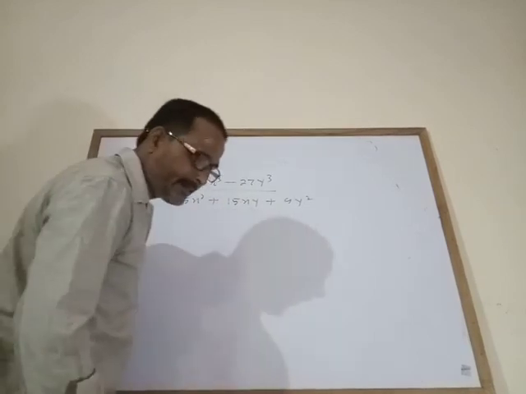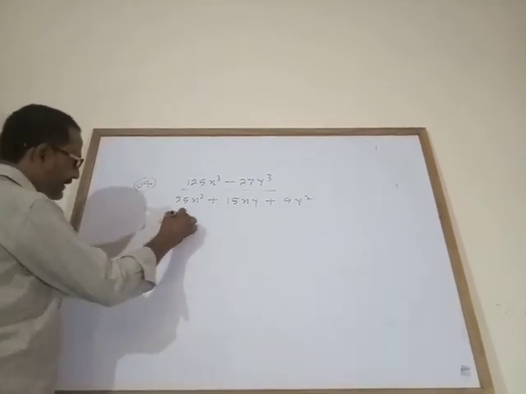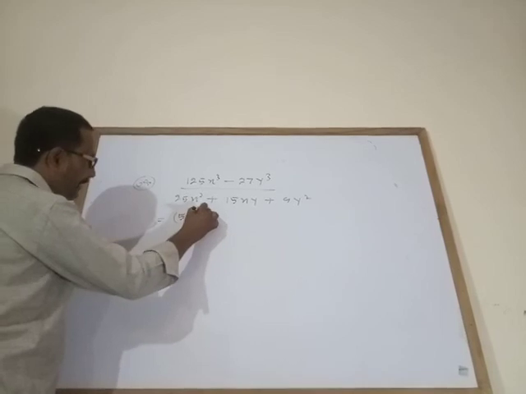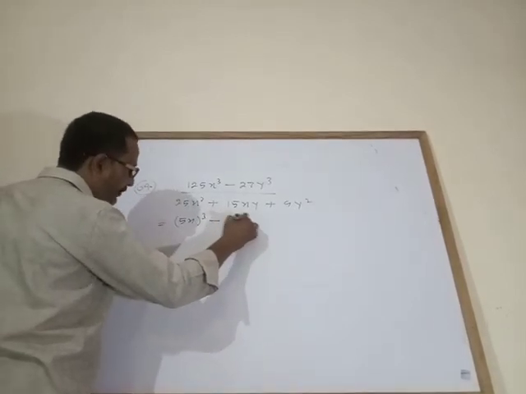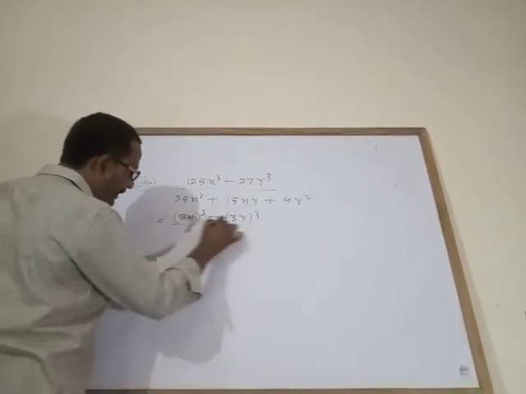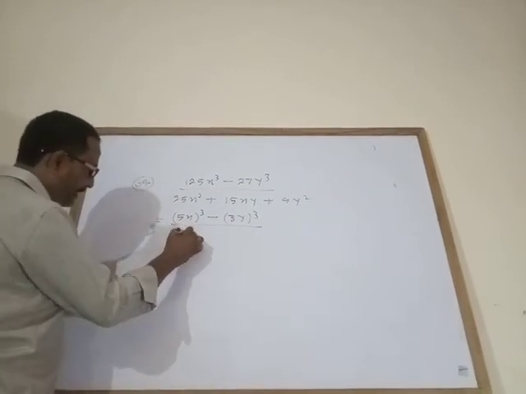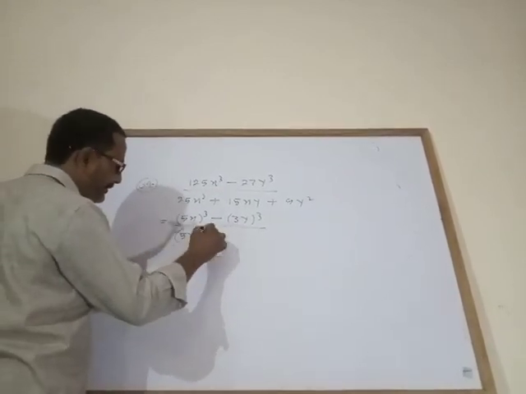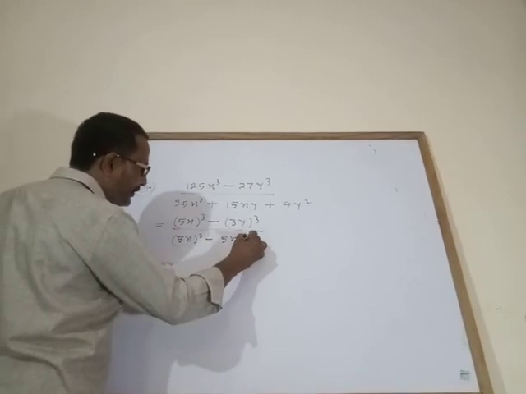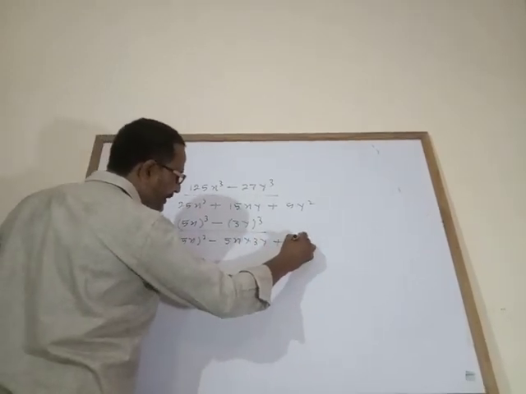Now this is in the form of 5x cube minus 3y cube upon 5x square plus 5x into 3y plus 3y whole square.